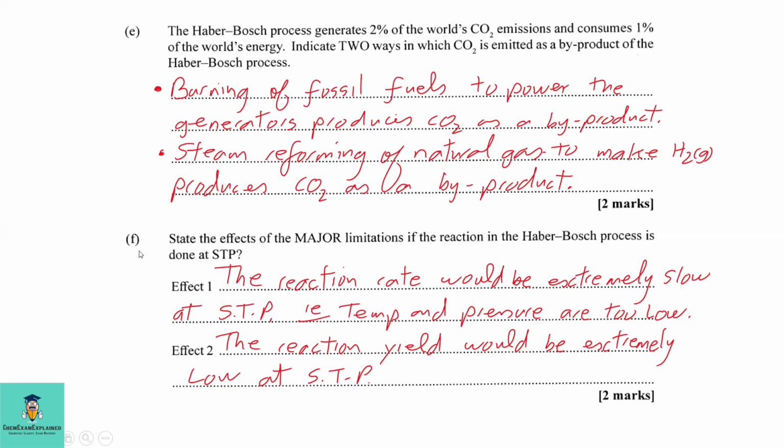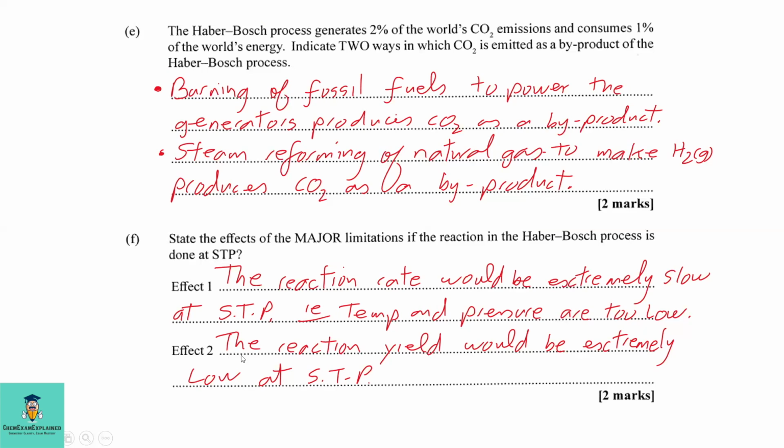Part F. State the effects of the major limitations if the reaction in the Haber-Bosch process is done at STP, which is standard temperature and pressure. So if we use standard temperature and pressure, the reaction rate would be extremely slow because the temperature as well as the pressure would be too low.